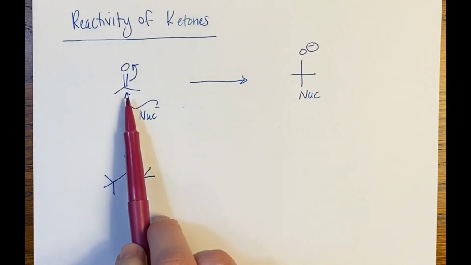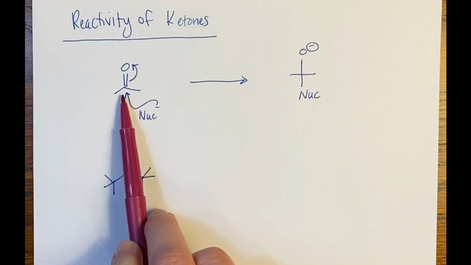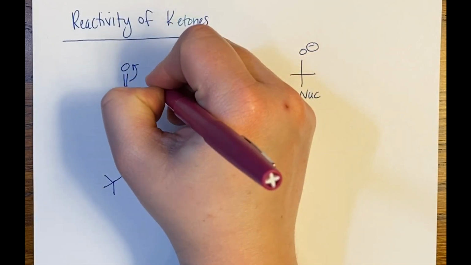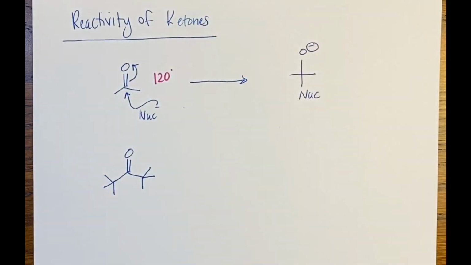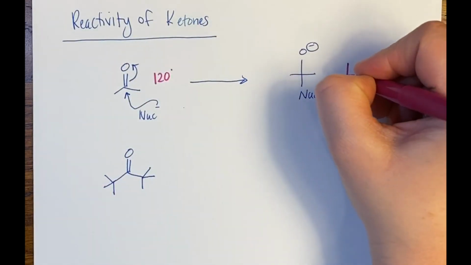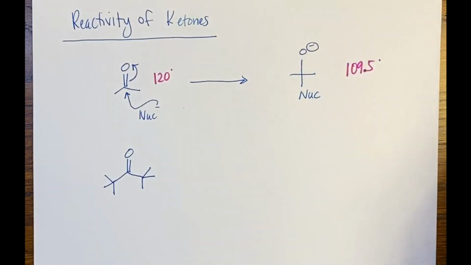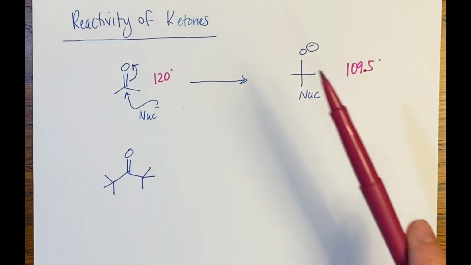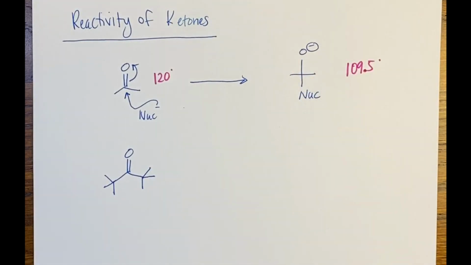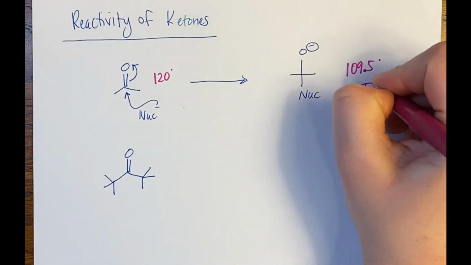In this structure at the beginning, this carbon that was sp2 hybridized had bond angles of 120 degrees, compared to bond angles of 109.5 degrees once I form that tetrahedral intermediate. So that means that in three-dimensional space, these methyl groups are going to be much closer together in that tetrahedral intermediate.